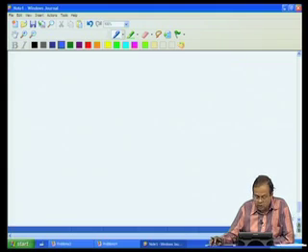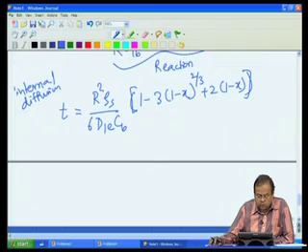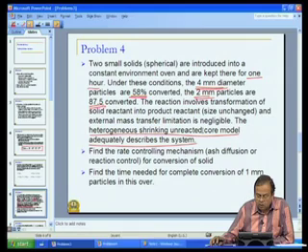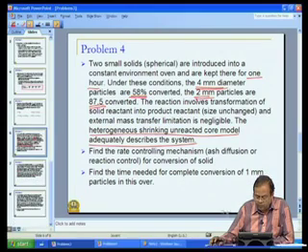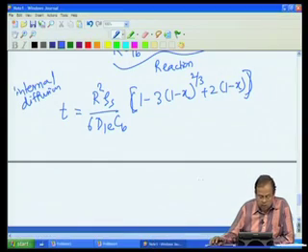Then, based on the information that is given to us, what is given is two different particles and their conversions.